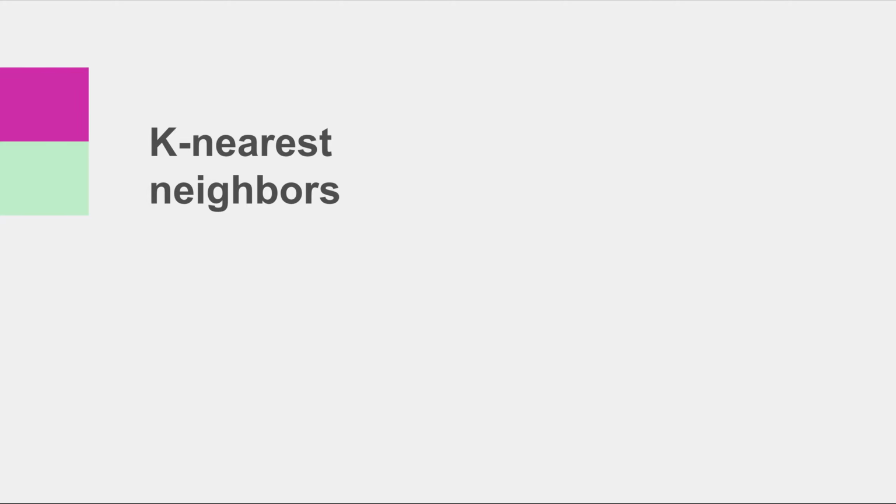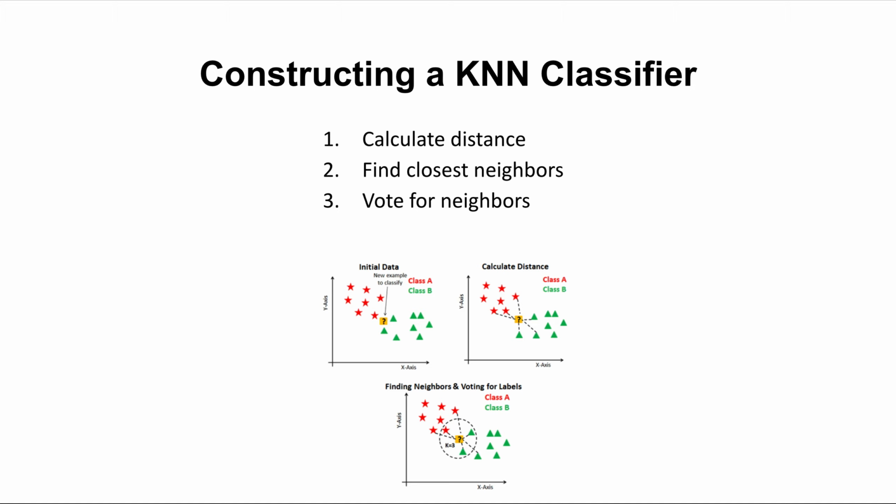But how does the actual algorithm work? How do we construct a k-nearest neighbors classifier? So this is a very simplified version. This is not how it obviously works when you actually want to implement it in code. This is kind of the very, very high-level pseudocode for constructing a k-nearest neighbors classifier. Step one will be that you calculate the distance.